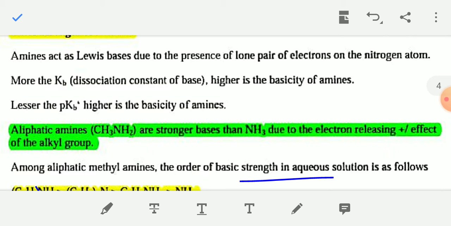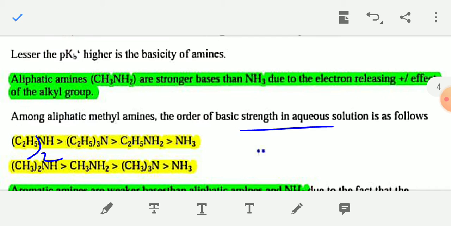This is because aliphatic amines contain an alkyl group, and the alkyl group has an electron releasing effect, that is plus I effect. Due to the plus I effect of the alkyl group, aliphatic amines are stronger bases than ammonia. And also aliphatic amines are stronger bases than aromatic amines.